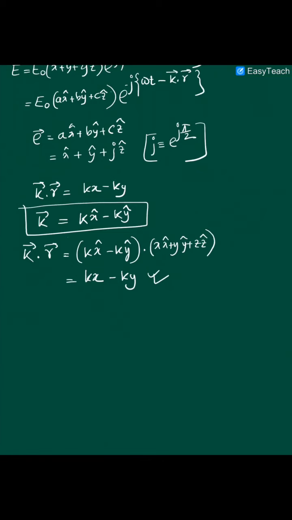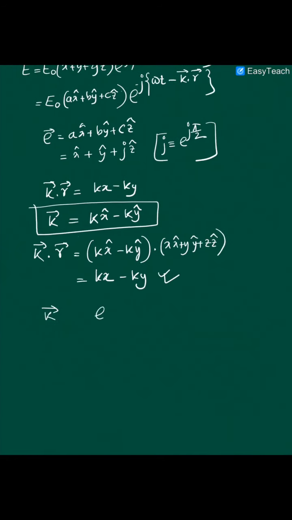So in our case k is the direction of wave propagation, and E is the direction of electric field. So if you take the dot product between the two, it must be 0. Then you can say that this particular electromagnetic wave is a uniform plane wave.